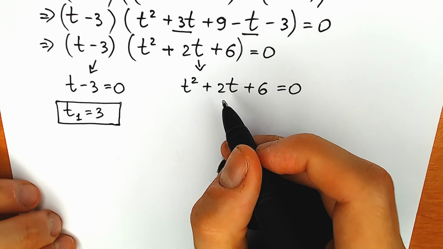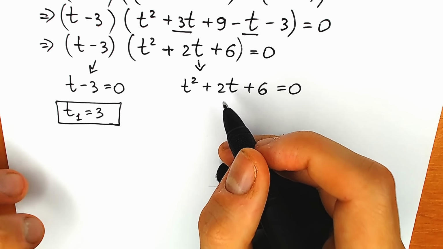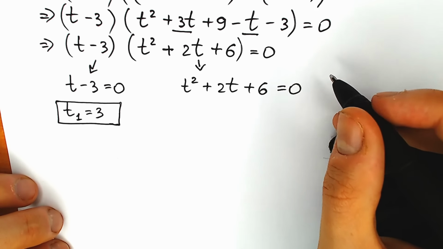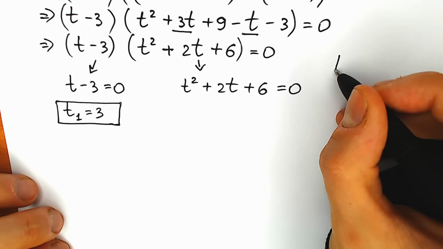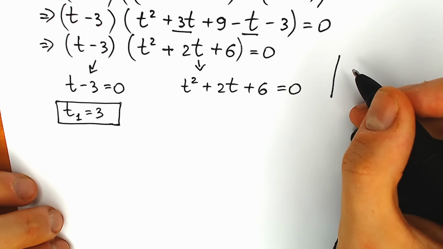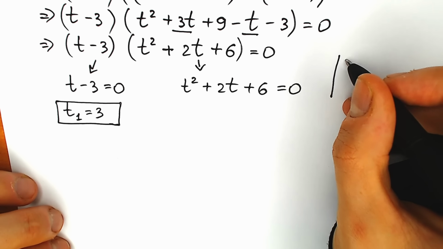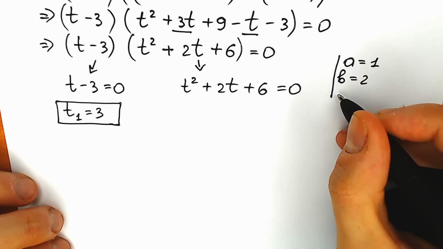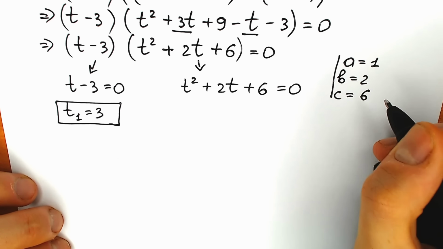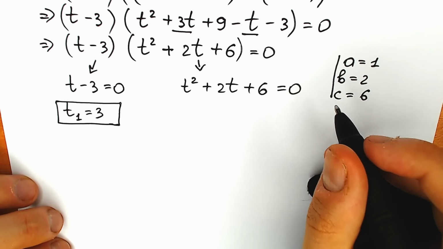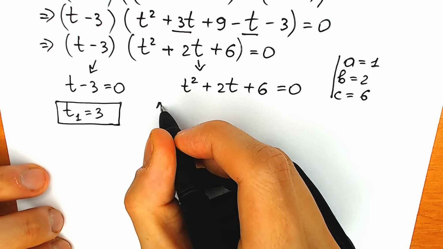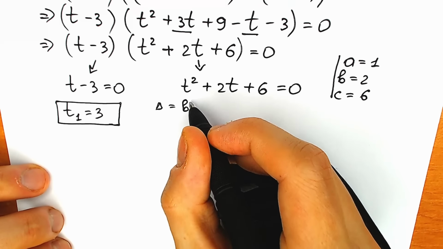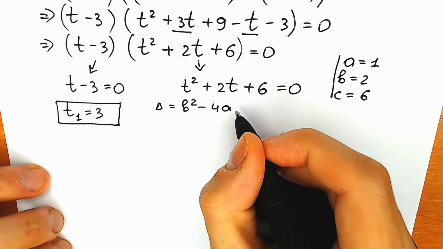Second, this is our quadratic equation. Of course, this is up to you. There are a lot of ways we can solve it, but I'm going to show you the basic method. Maybe there are a lot of students here, so that's why I use the classic method. So a equal to 1, b equal to 2, and c equal to 6. Our basic method of coefficients. Let's start with the discriminant, b squared minus 4ac.